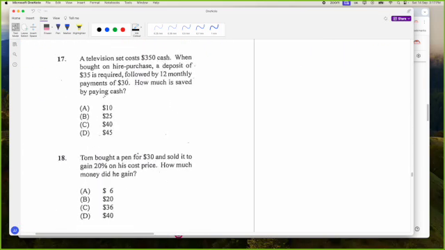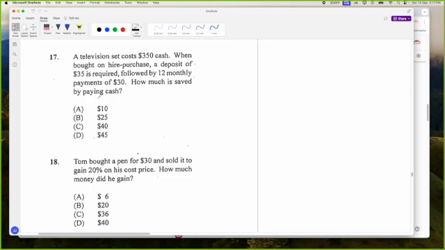I have these two here. All right, so we're dealing with more evil. I guess we're studying evil in this class. That's what you get when you try to create your own maths in hire purchase, right? A television set costs $350 cash. So I will write down my information so that I don't have to read the question over and over.